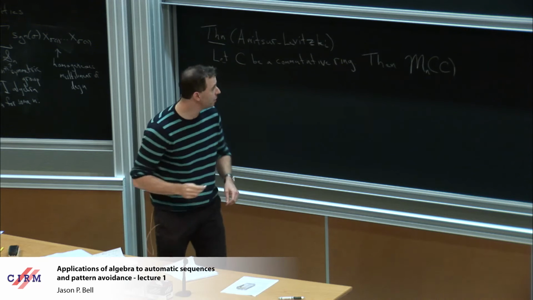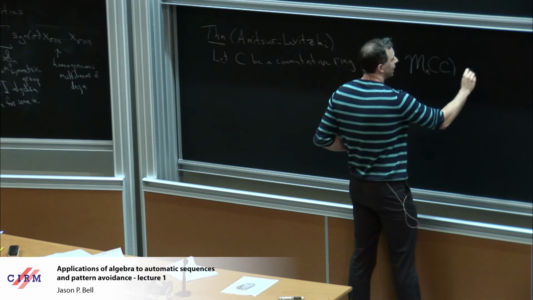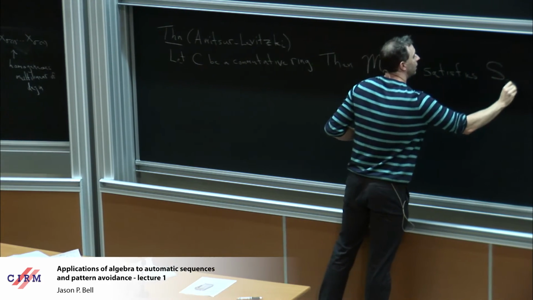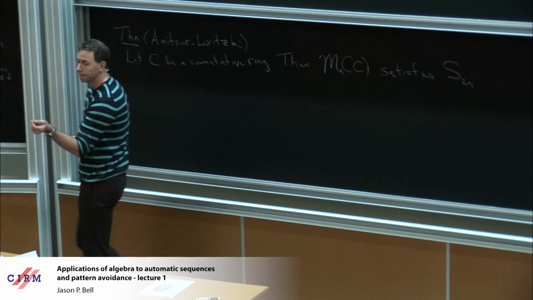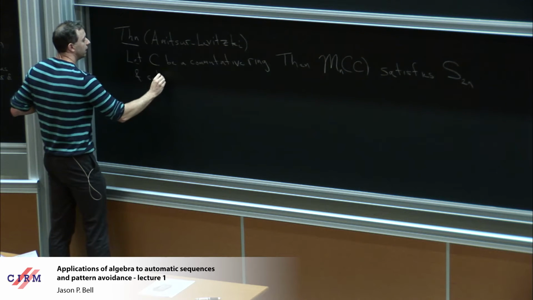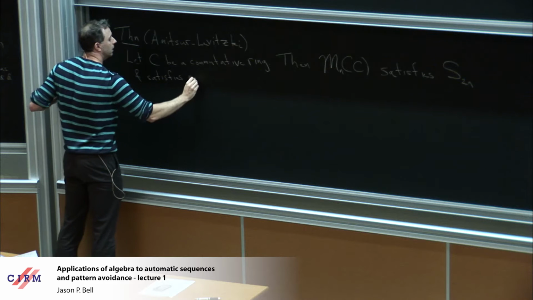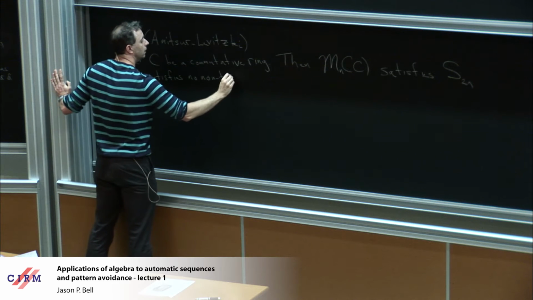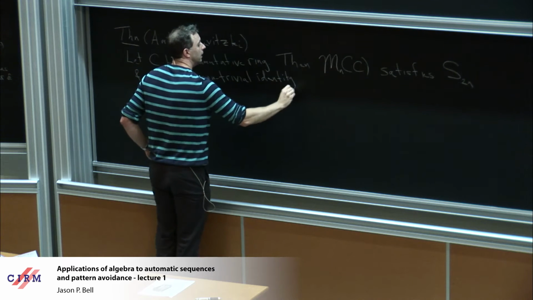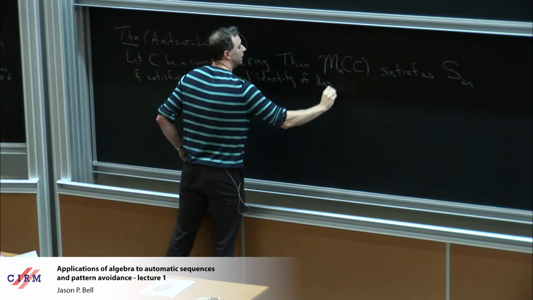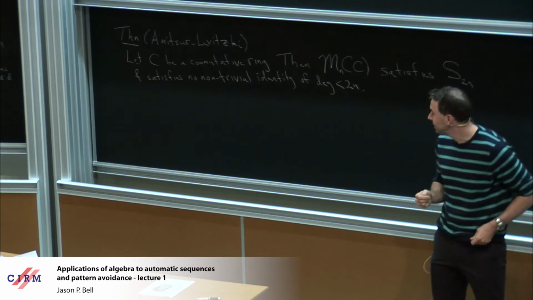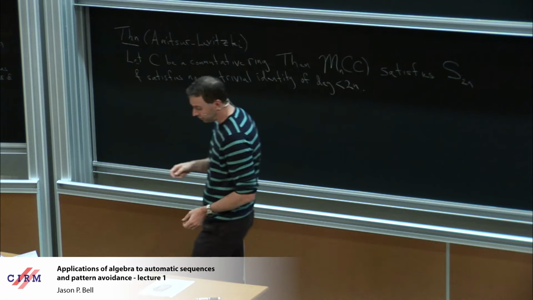Then the ring of n by n matrices over C satisfies the 2nth standard identity and satisfies no smaller identity. So that's somehow the minimal identity for n by n matrices.